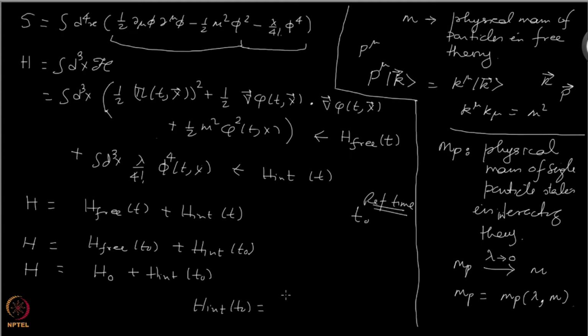This is your d cube x, these are the space coordinates, and then you have lambda over 4 factorial phi(t naught, x) to the 4th. So there are 4 factors of phi at t naught multiplied in here. That is the H interaction.